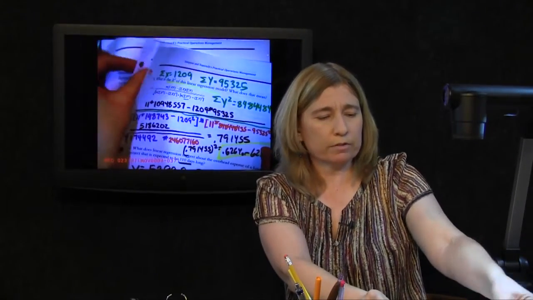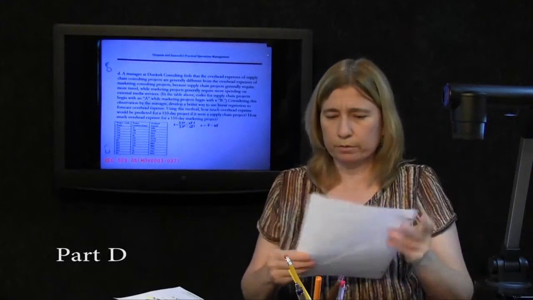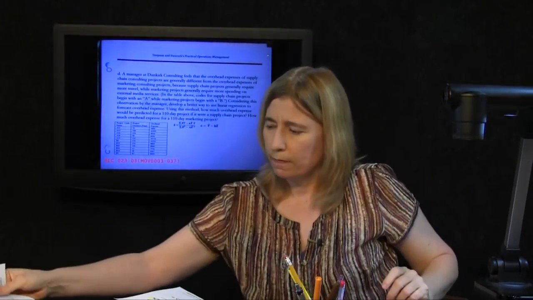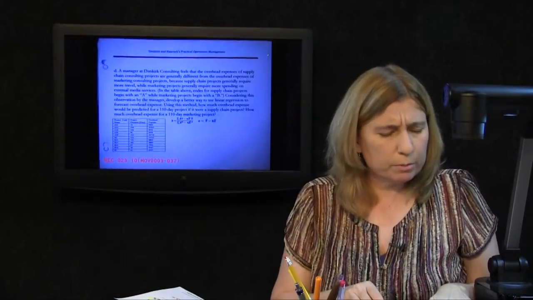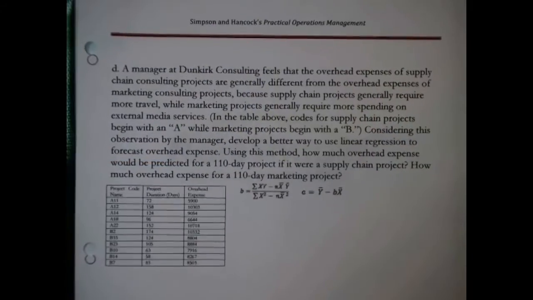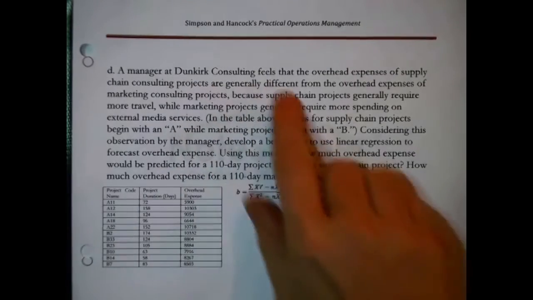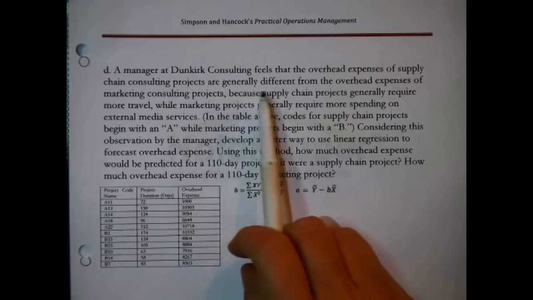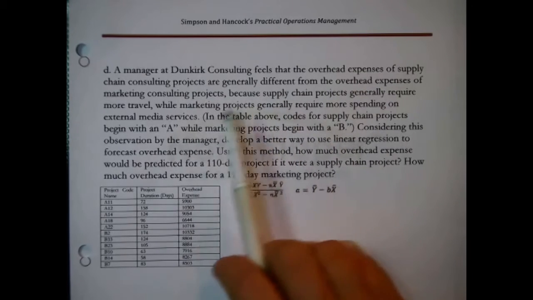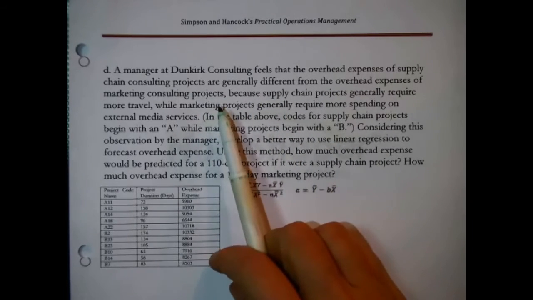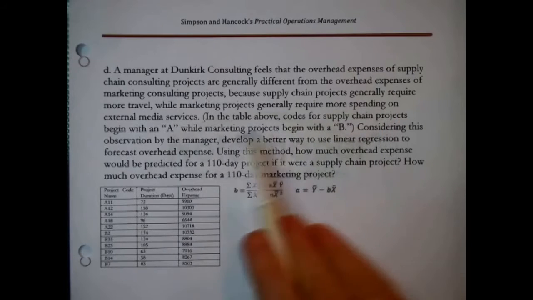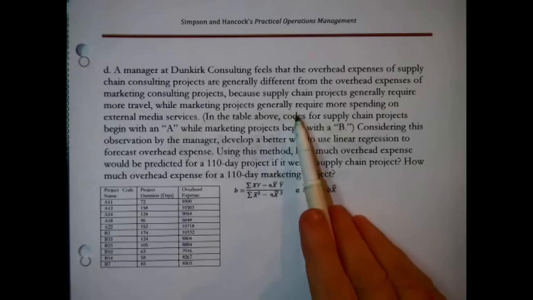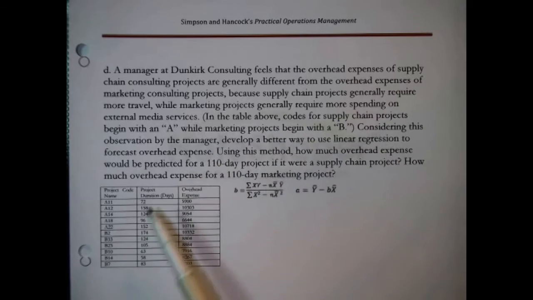In the last part of this scenario, we have another paragraph of information. What are we being told? A manager at Dunkirk Consulting feels that overhead expense of supply chain consulting projects are generally different from the overhead expenses of marketing consulting projects, because supply chain projects generally require more travel, while marketing projects generally require more spending on external media services.